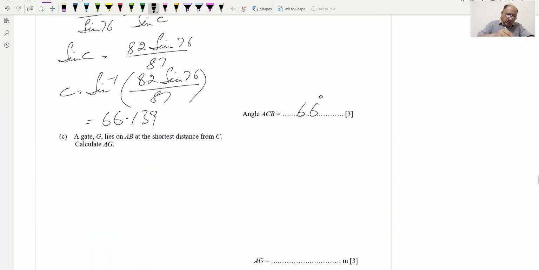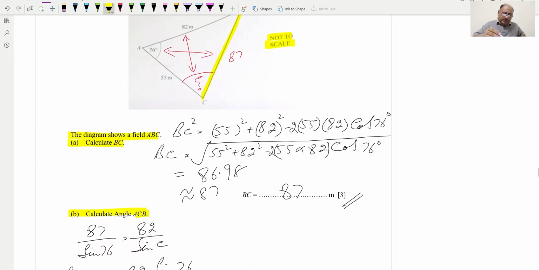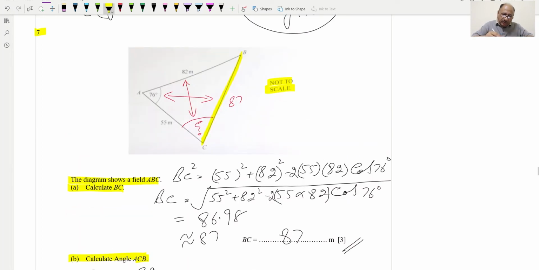Now C part: a gate G lies on AB at the shortest distance from C, calculate AG. So we need to identify where is G, that gate. To explain that, I'm just erasing this inner portion, and now the gate is at the direct route, so this is 90 degrees, G is over here, and now we can consider this smaller triangle, which will be ACG.